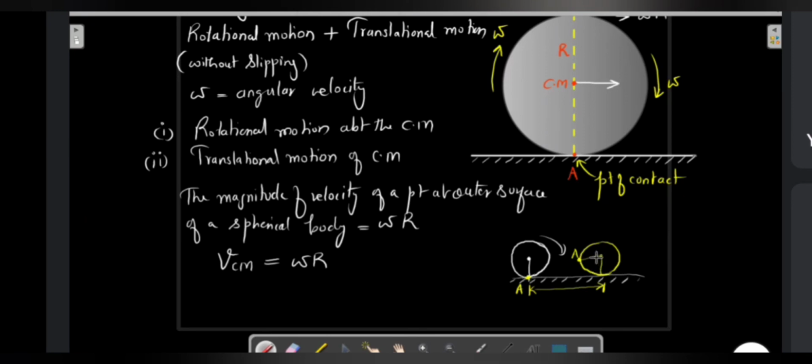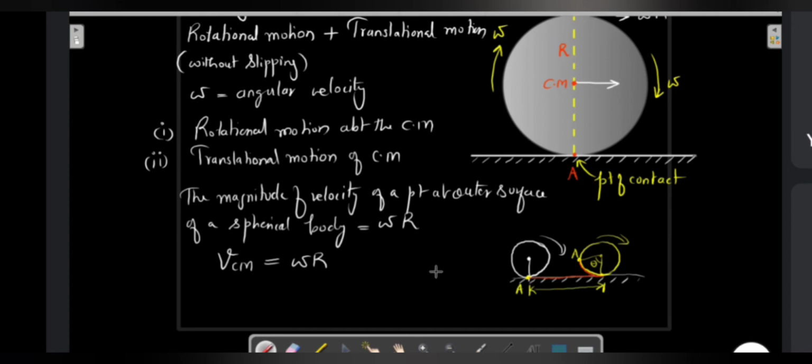So let us say it has covered an angle of theta with respect to this point of contact. From this point of contact, the angle covered by that point A during the rotation is theta. Okay, so how much will be this distance covered? Obviously, this particular arc length will be equal to this distance covered.